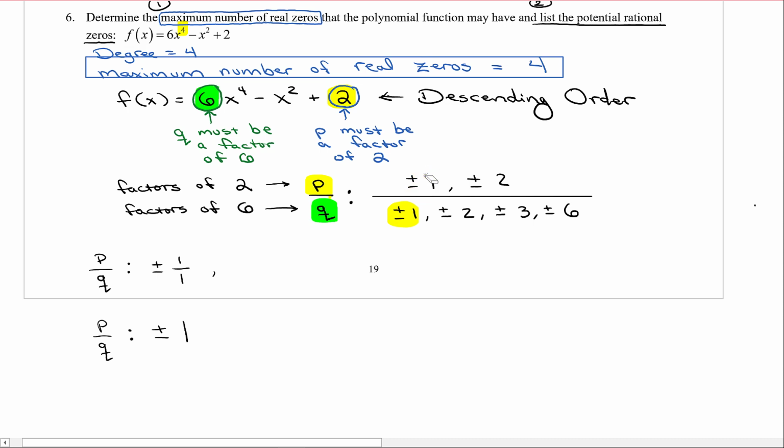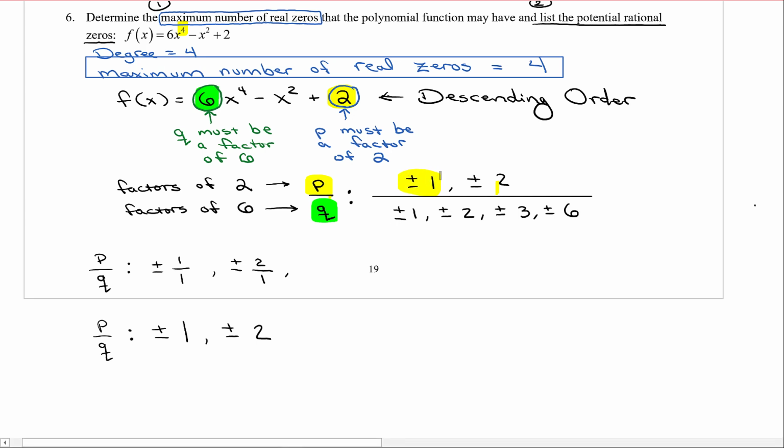Let's go on to the next one. Now I have positive or negative 2 over positive or negative 1. That's positive or negative 2 over 1, and if I simplify that, that's positive or negative 2. So we have managed to do everything with a denominator of 1. Now we're going to move on to the next denominator.